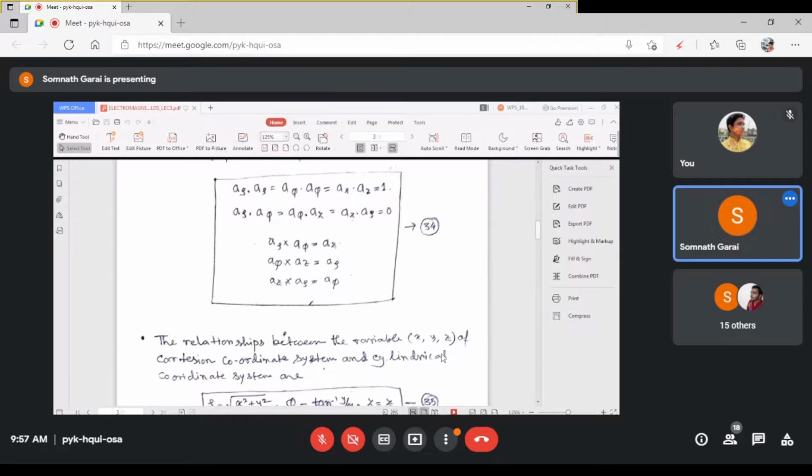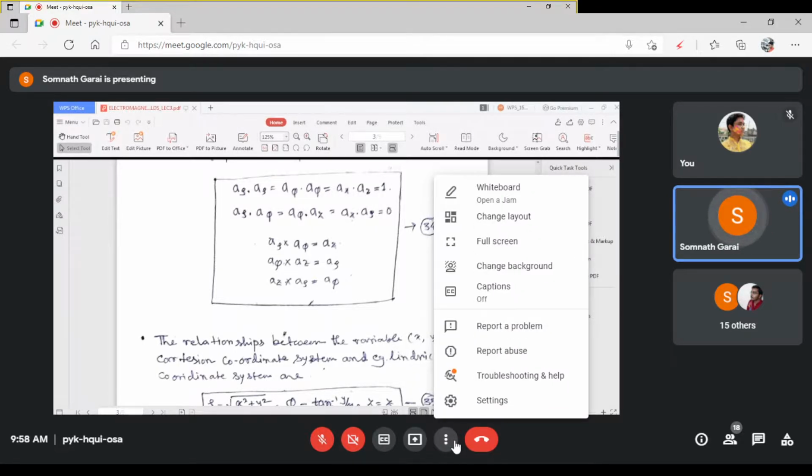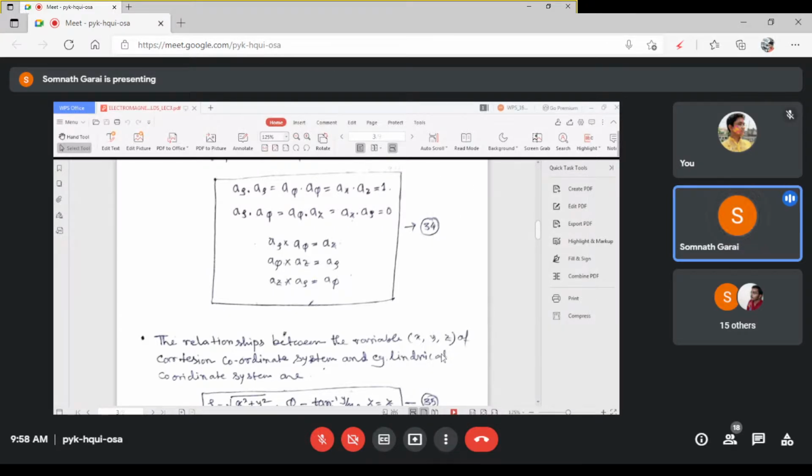Now, as there are unit vector relations, cross product relations and dot product relations in the Cartesian coordinate system, there will be dot product and cross product relations of unit vectors in the cylindrical coordinate system also.